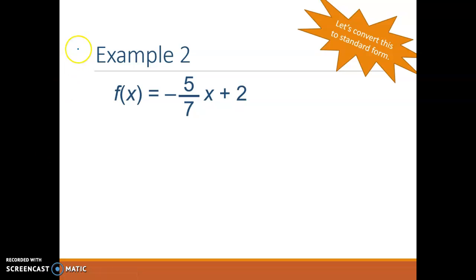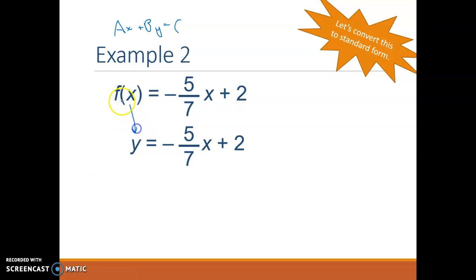We want to convert this to standard form. Don't forget, standard form is ax plus by equals c. And you can tell that that is not what this looks like. So step 1, we're going to first replace our f of x with y. They are the same thing, but in standard form, we want to make sure that we have y, not f of x.